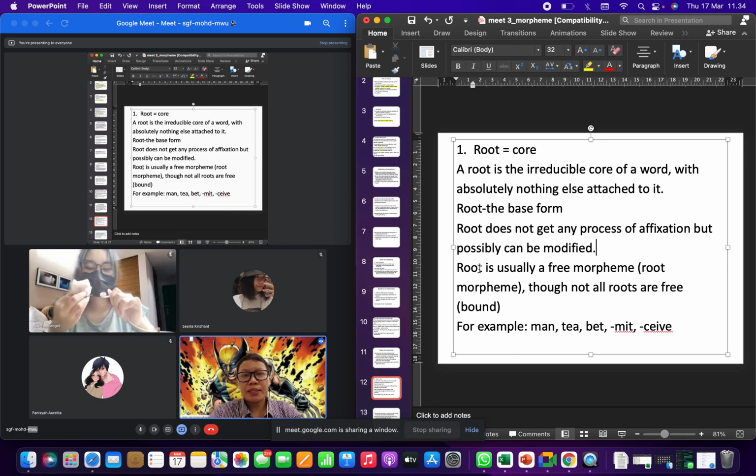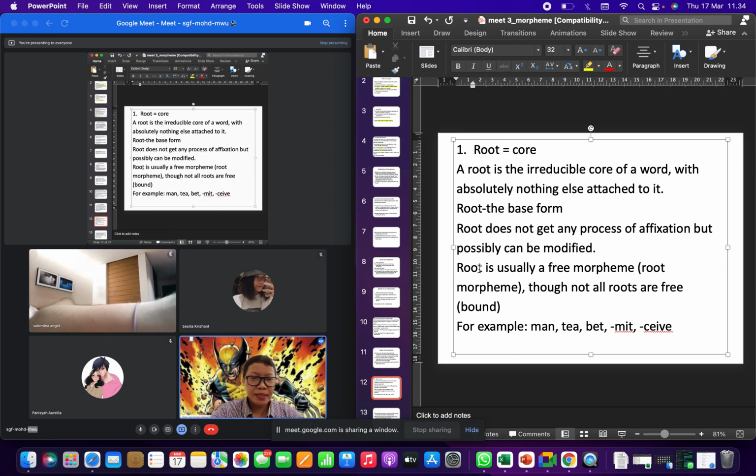Root is usually a free morpheme, or we call it a root morpheme. But we sometimes find that some roots are free and sometimes roots are not free.